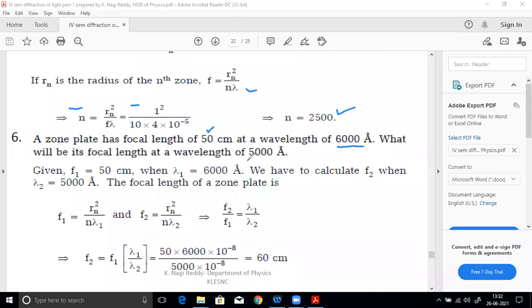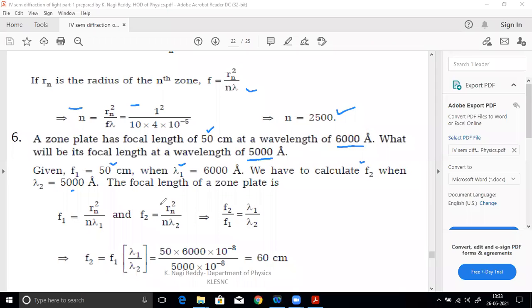First consider this as f1 and this as lambda 1. What will f2 be? That you have to find out. Lambda 2 is given. So what is the f formula? Rn squared by n lambda.